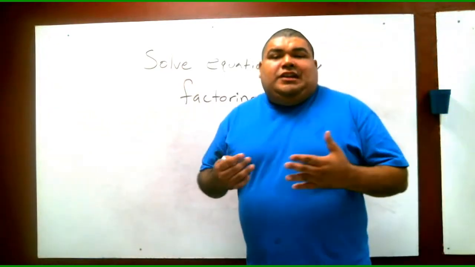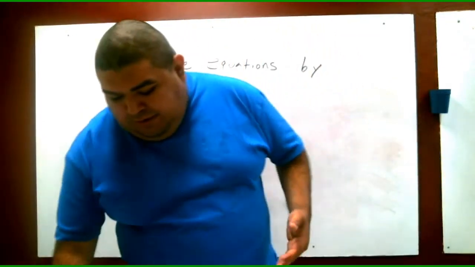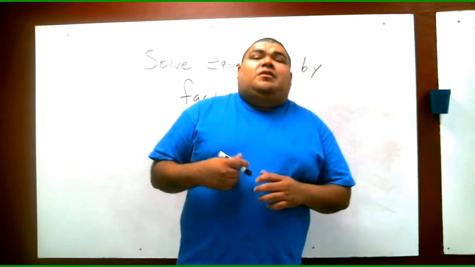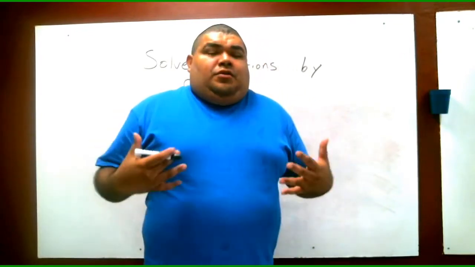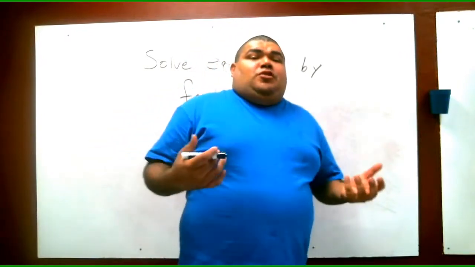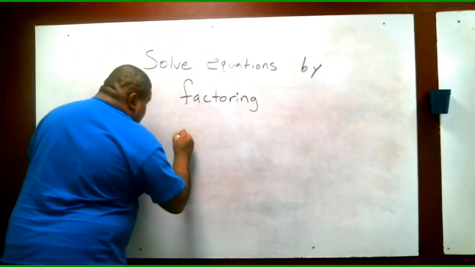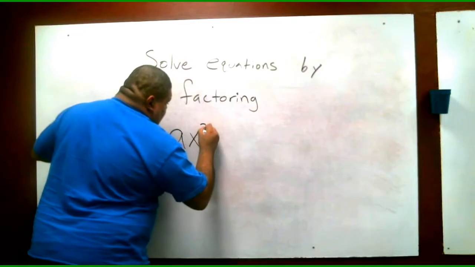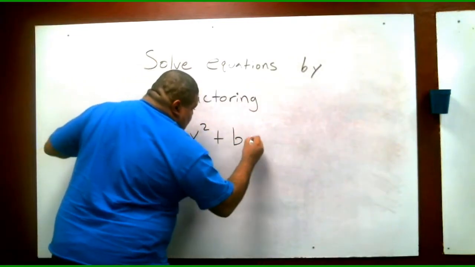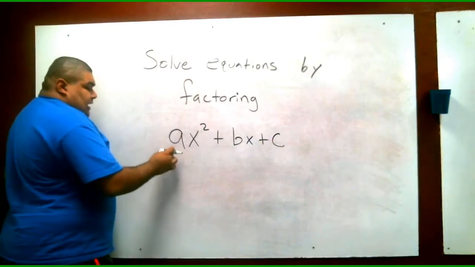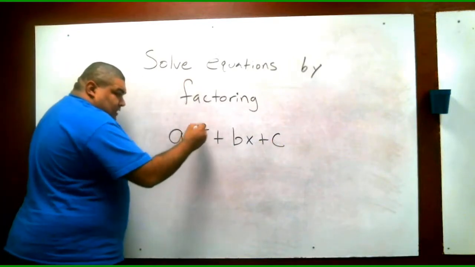we've seen quadratics before in this class. We haven't really broken them down as much. All you have to know is that usually quadratics are written as ax squared plus bx plus c. Meaning the a is always in front of the x squared.